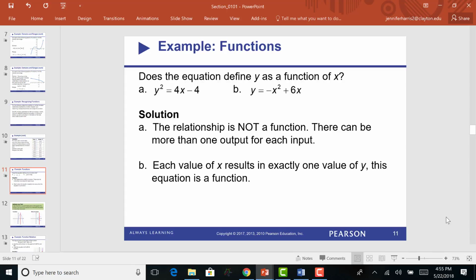What about the next one? Type the next one in. Upside down U, thank you. Does it pass? Yes, it does. Questions? Okay, so just remember, this one does not pass, and this one passes.